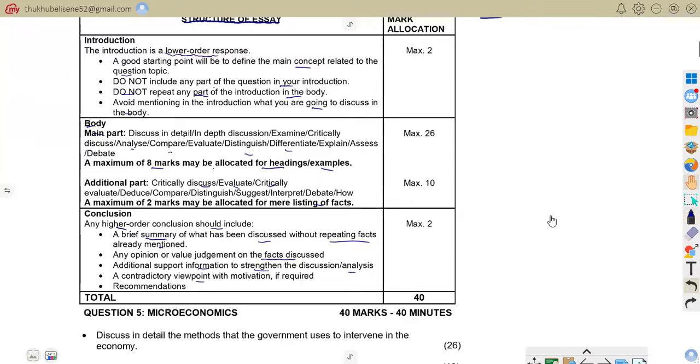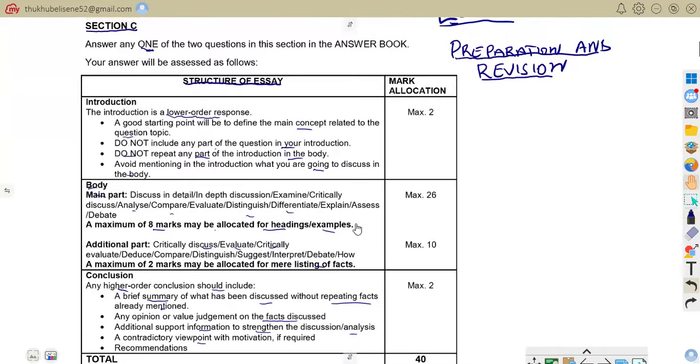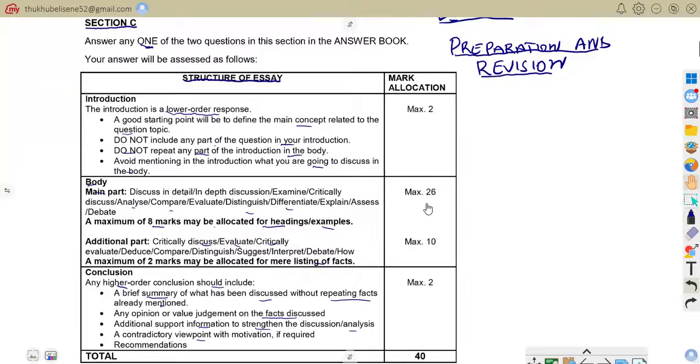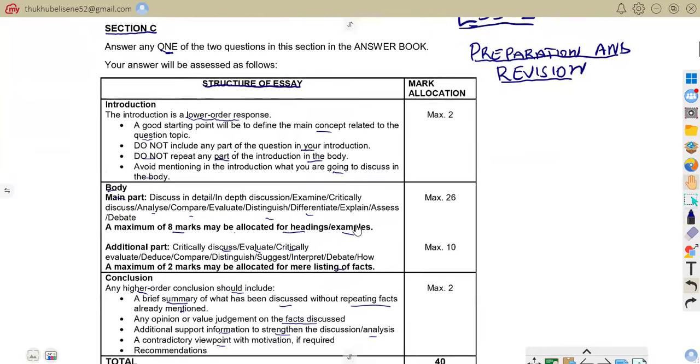Recommendations. So this is how your essay is going to be assessed, based on the points that you've just read.